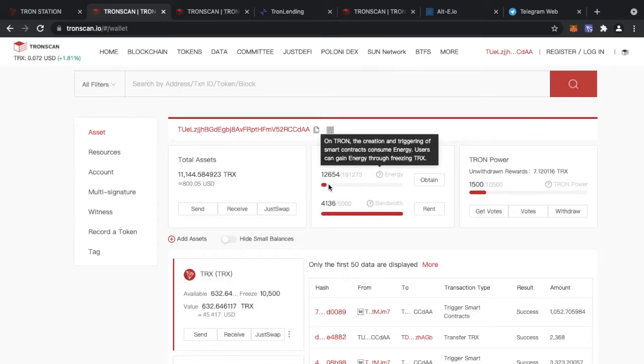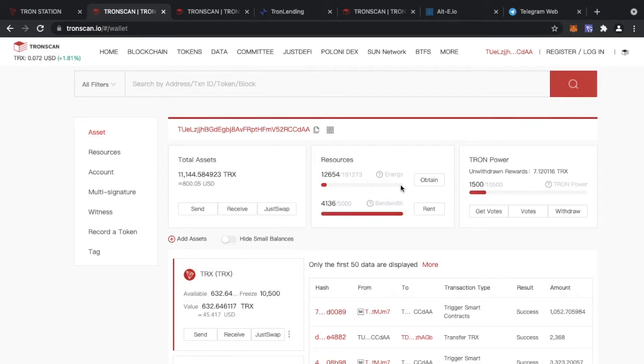So every 24 hours, this bar will reach its maximum if you don't use any of the energy. So it automatically replenishes itself on a 24-hour basis. Now you have this energy, you can go ahead and do some very cool things. You can interact with smart contracts free of charge, with zero transaction costs.